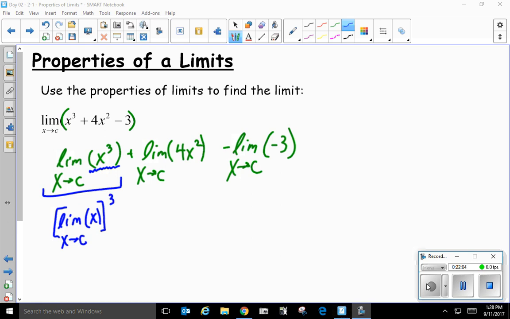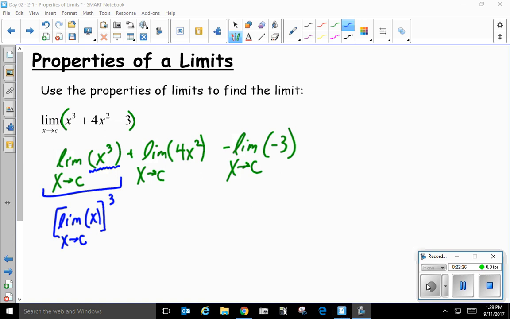Right now, remember the first two rules I had before we did all those other rules? The one with the k for the constant and the identity rule. What do I have here? This is the identity, right? What can I do for the identity? X is c. Whatever x equals, I can just put it right in there.